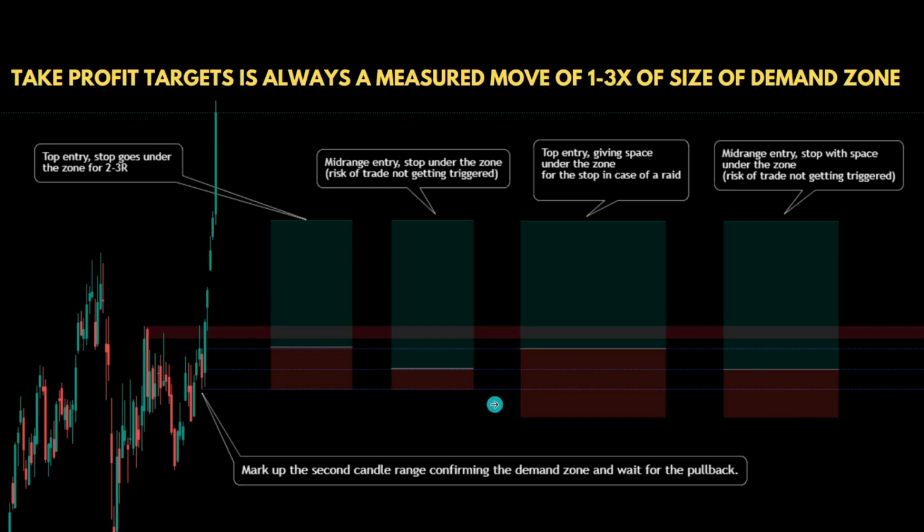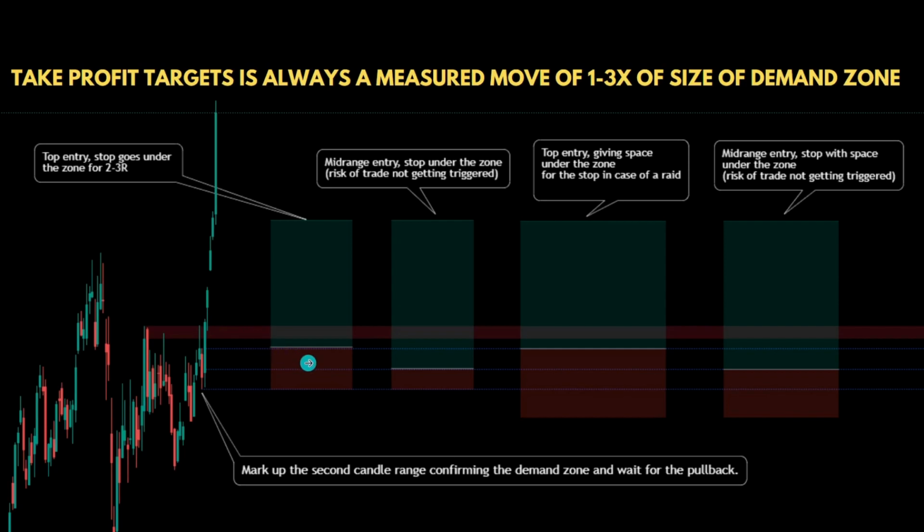Your stop goes under the PKC low, or you can put some space under the PKC low and put your stop under it. The take profit target is always a measured move of 1 to 3 times off the demand zone. So if you measure, this is your demand zone. Profit targets is always a measured move of 1 to 3 times of that.